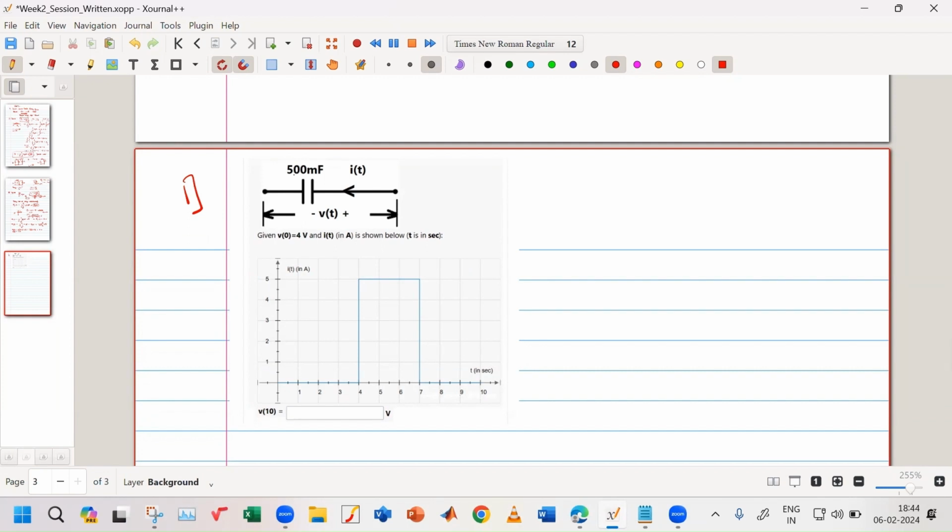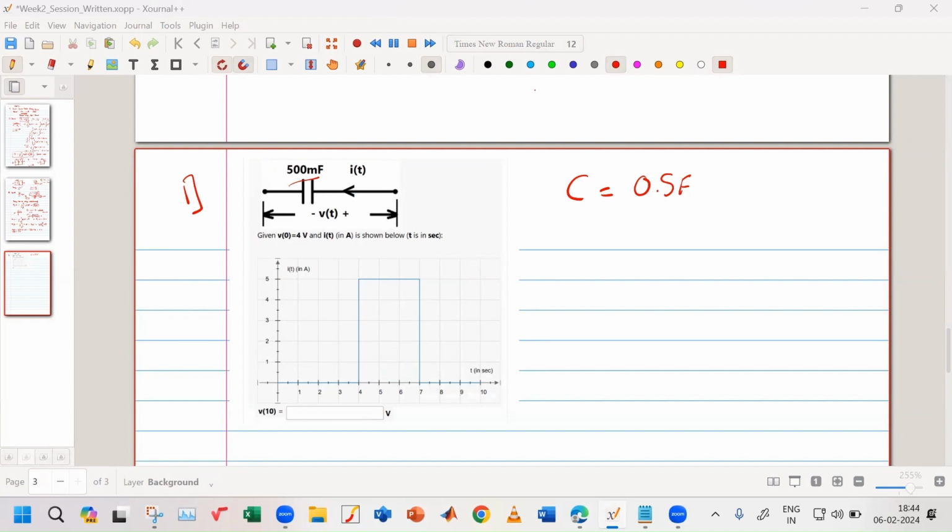So in terms of farad, how much is it? 500 into 10 to the minus 3 farad, which is 0.5 farad. So 500 millifarad is converted to 0.5 farad.